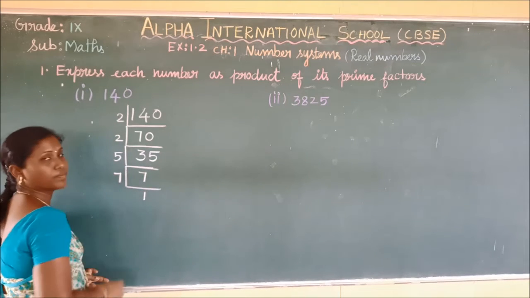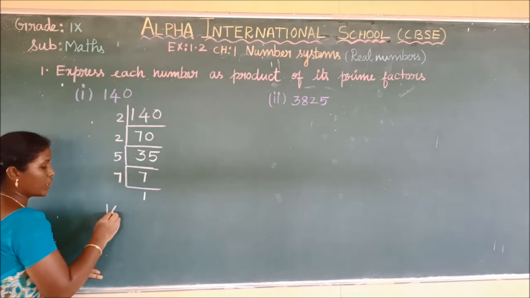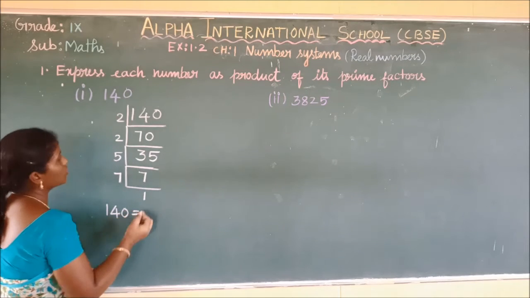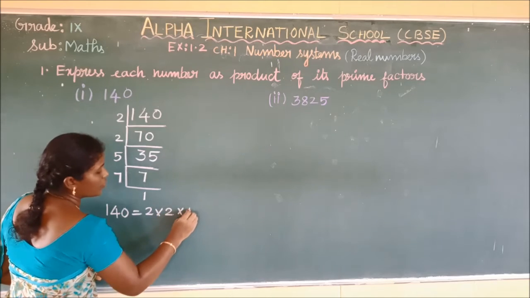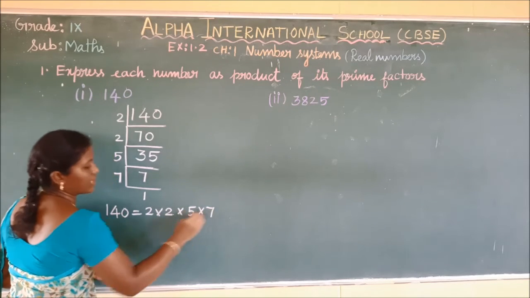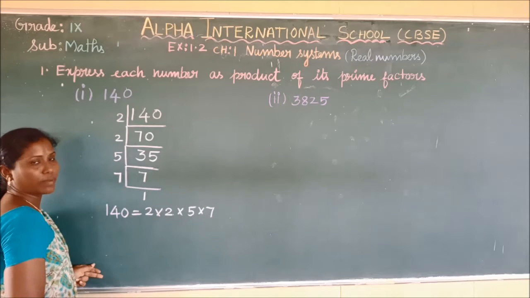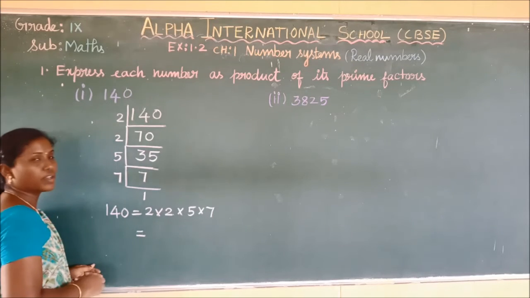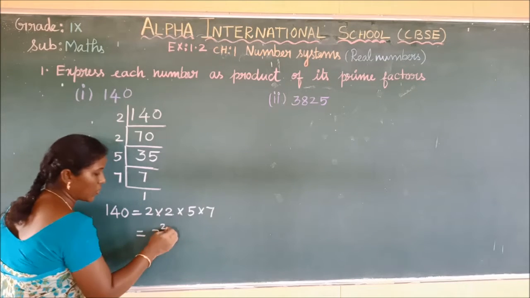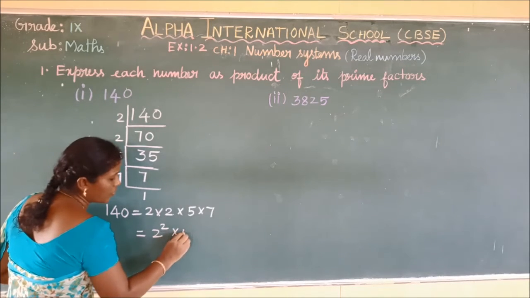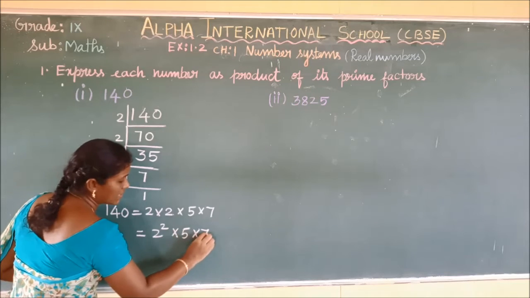So 1. How to write? We write 140 is equal to 2 into 2 into 5 into 7. We express it as a product of primes. Just compute the answer using powers. 2 two times, so we can write it as 2 square into 5 into 7.